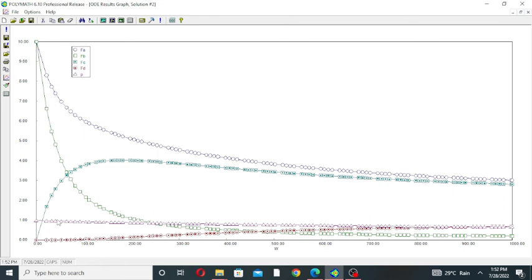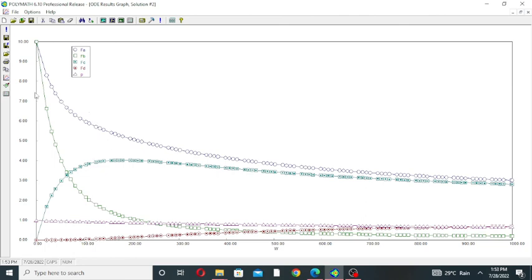And this is for the pressure drop. The initial pressure was 1, but slowly and gradually it is decreasing inside the packed bed reactor. You can see it is about 0.2 or 0.3 atmospheric pressure. It decreases because this is the pressure drop problem in a packed bed reactor. So you can see this is the graph.